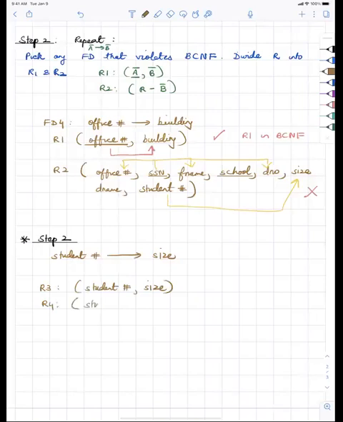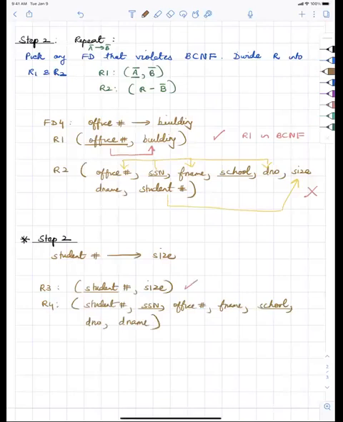So we bring student number down, and then everything else: SSN, office number, FName, school, DNO, DName. Okay. So now we have these two tables, R3 and R4, and R3 is in Boyce Codd normal form because student number determines size, but not R4.